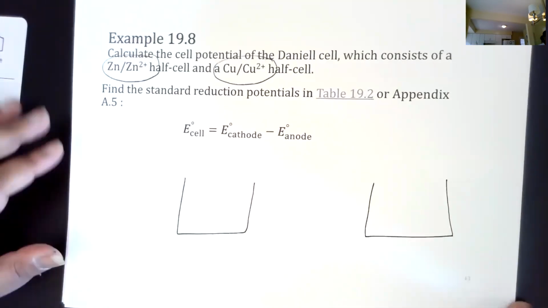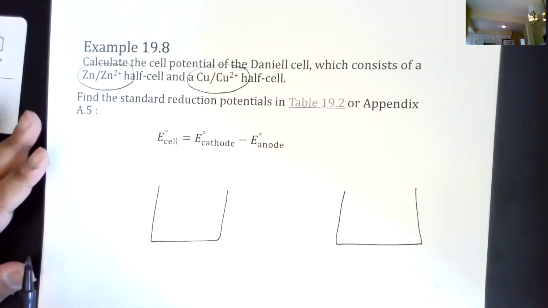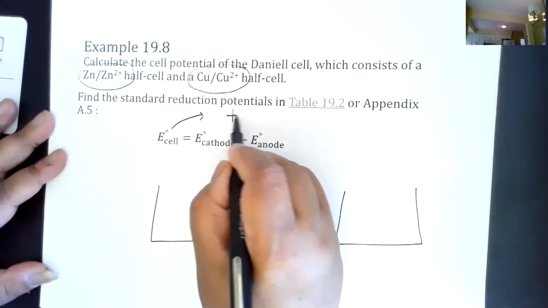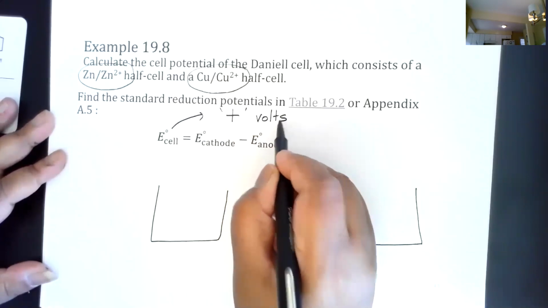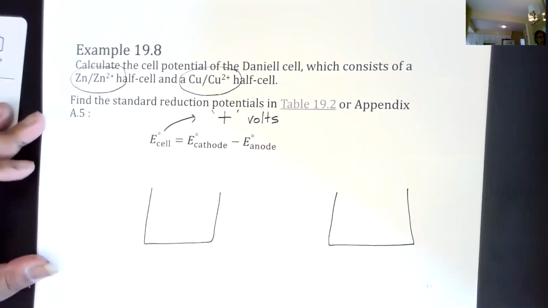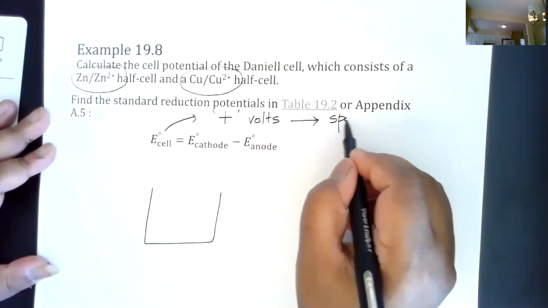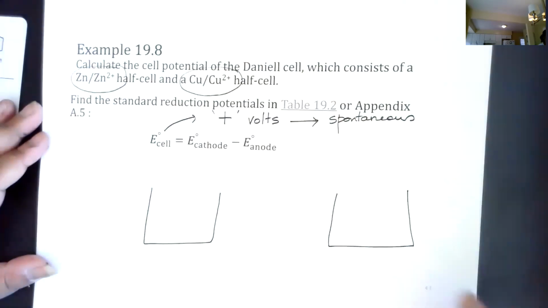So now I have these two half cells. I want to make a cell that has a positive voltage. Only then is this spontaneous.